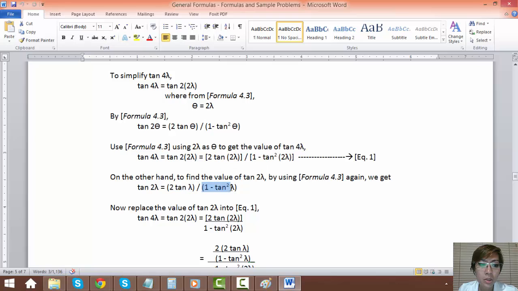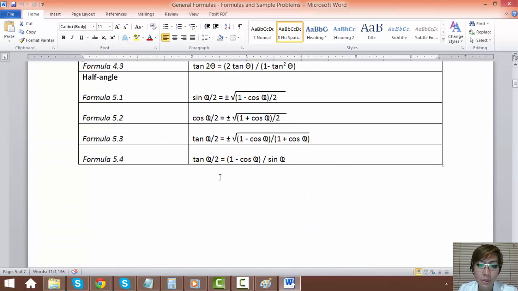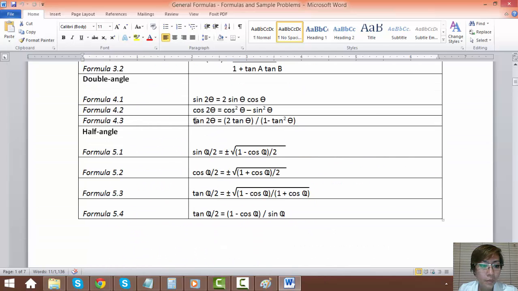Basically, we just follow this formula, 2 tan theta over 1 minus tangent squared theta.